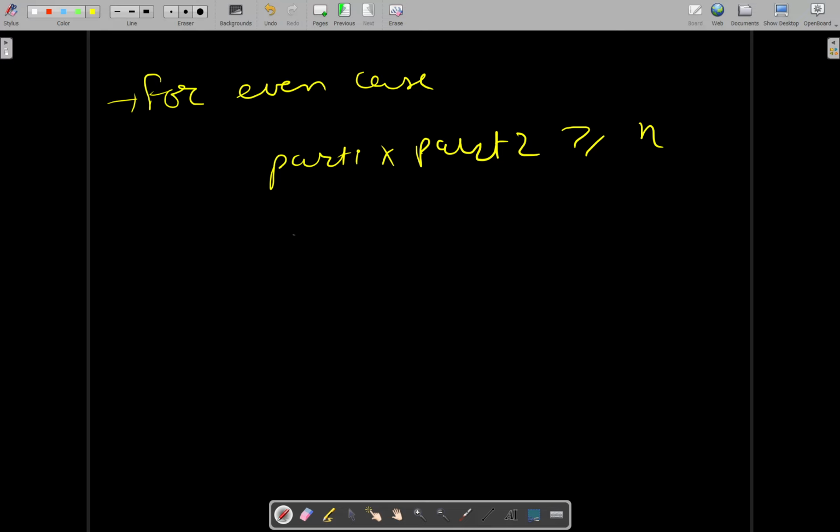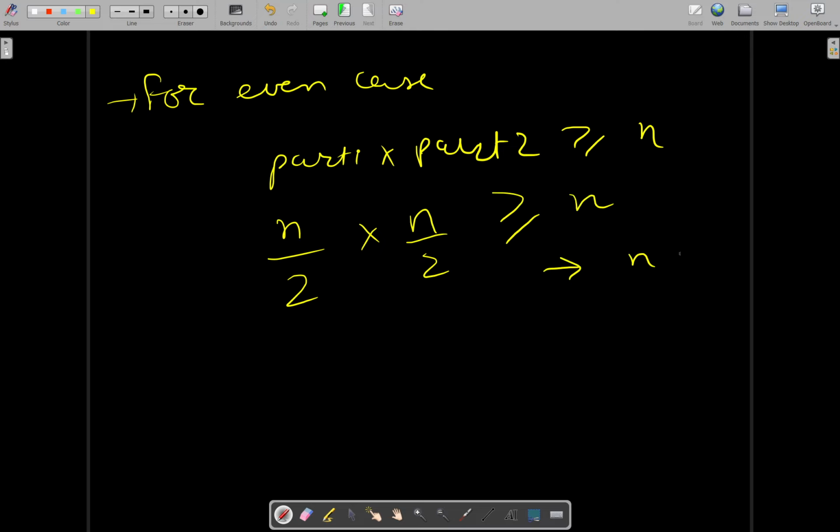Okay, and similarly for even, what was the formula that we derived by observation: n by 2 into n by 2 should at least be greater than or equal to n.